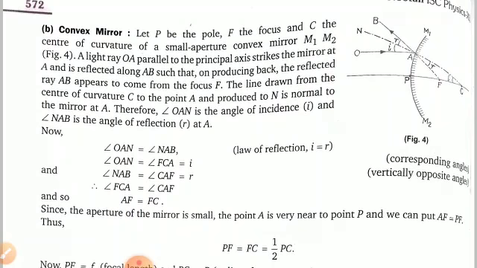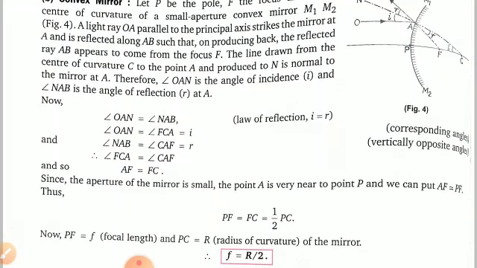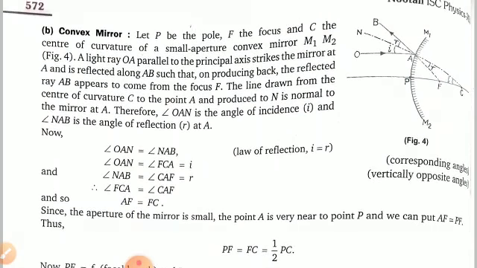I hope you know very well what corresponding angles and vertically opposite angles are, so I am not going to tell you about this because these are mathematical terms. And angle NAB is equal to angle CAF, equal to R. They are vertically opposite angles.